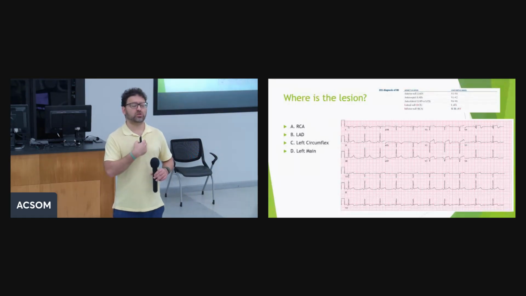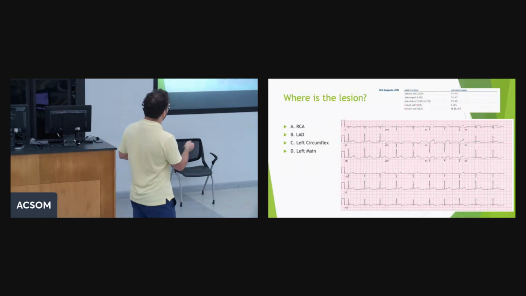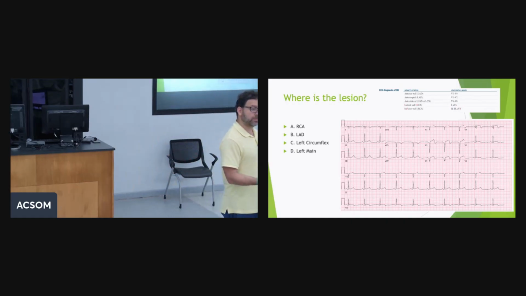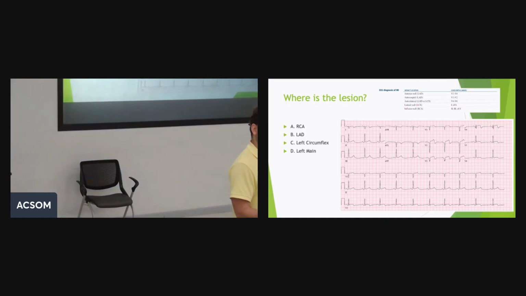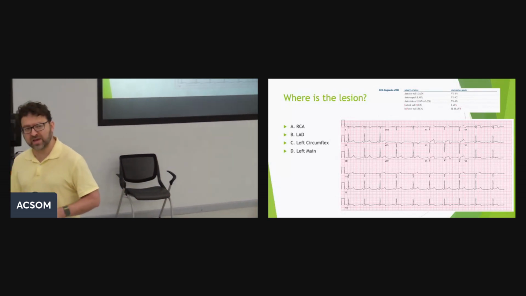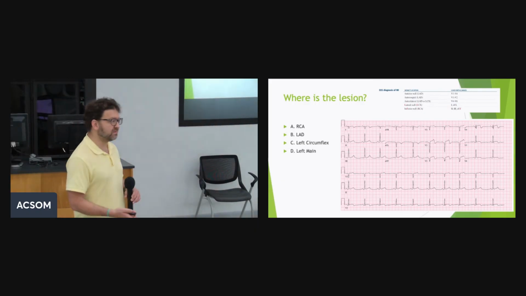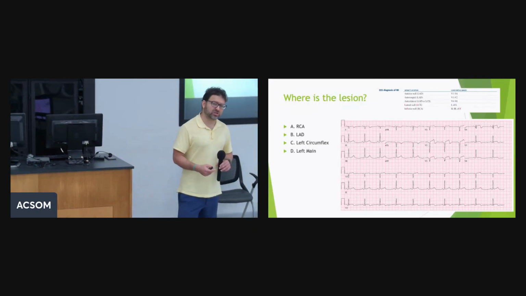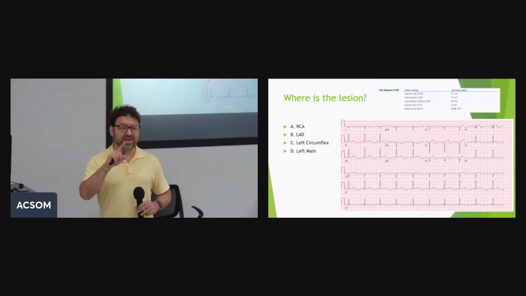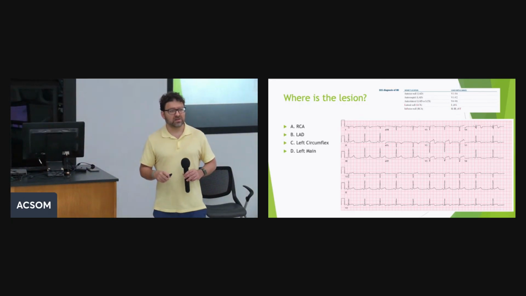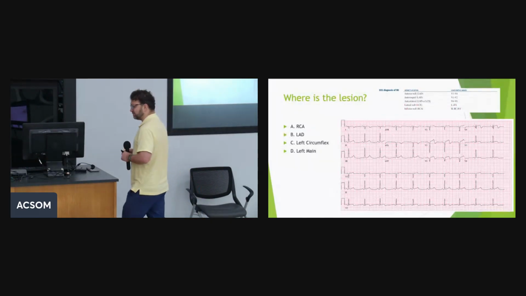So V1, V2, V3, V4, that's all LAD. RCA supplies the inferior portion of the heart. 2, 3, and AVF are the leads. And left circumflex is 1 and AVL with V5 and V6. If you see ST elevations or Q waves in those leads, that is the vessel that has been infarcted.